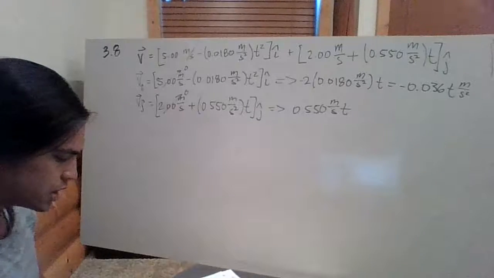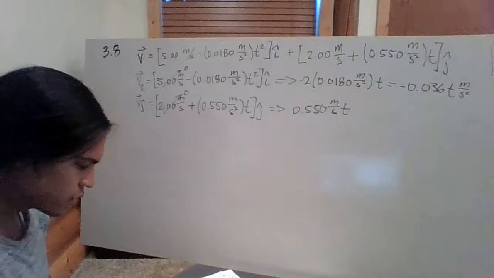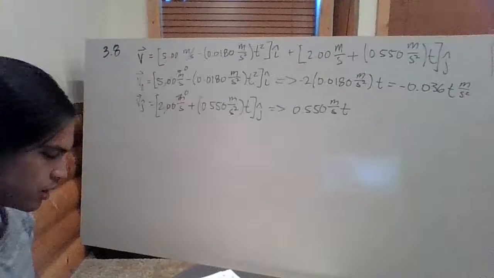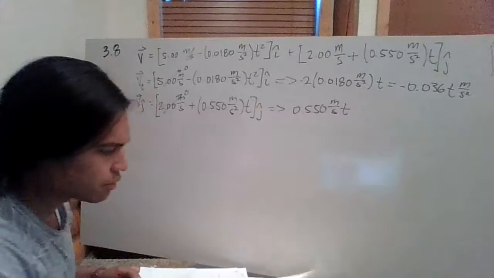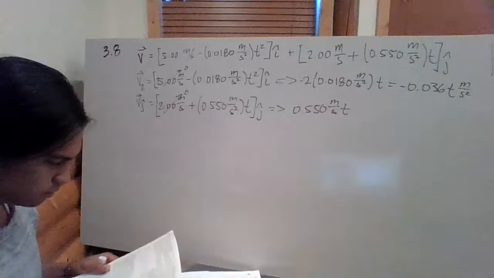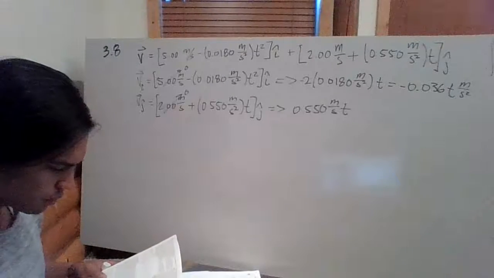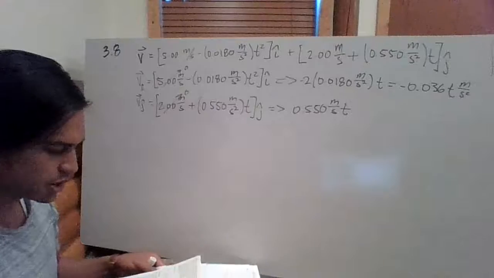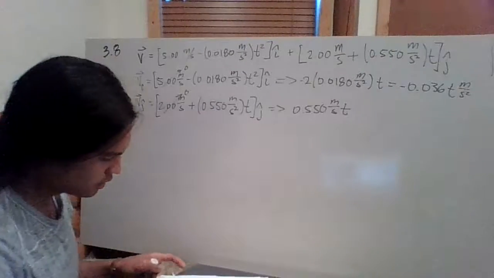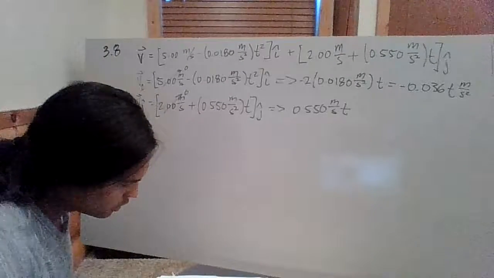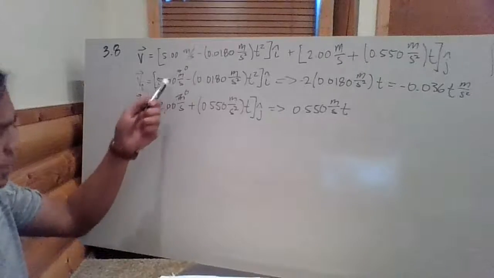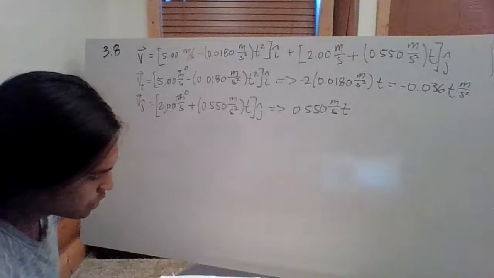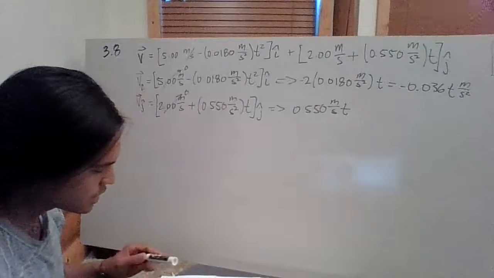Now for part B. Part B asks, what are the magnitude and direction of the car's velocity at time equals 8 seconds? So now we're going to use the same idea, but we're going to plug in 8 seconds.